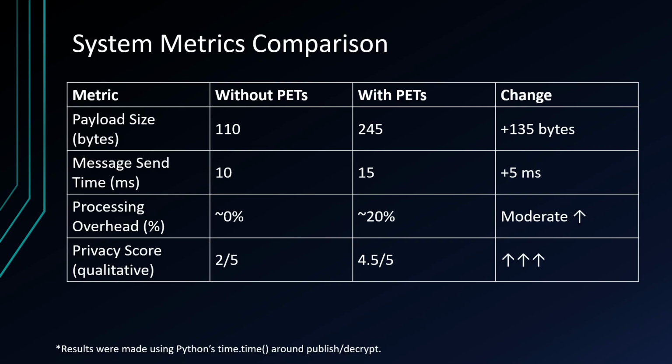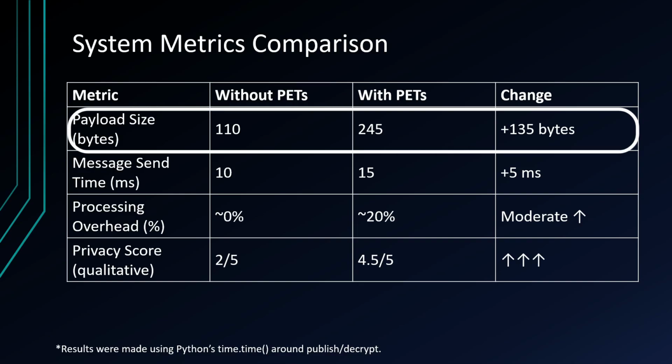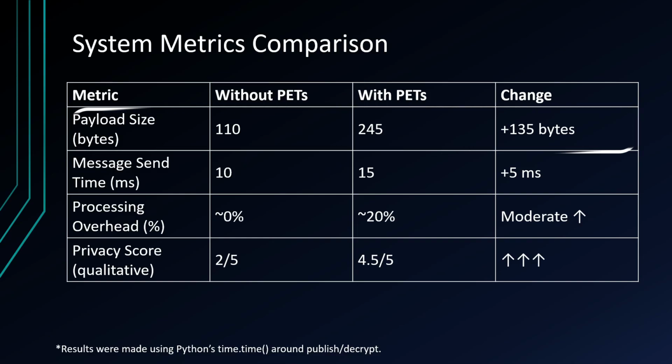Coming to payload size, without using PETs, the JSON is around 110 bytes on average, and with using PETs we are getting 245 bytes, which is an increase of 135 bytes, which is pretty low, because at the end of the day we are talking about bytes which can be easily handled by very low resource systems.